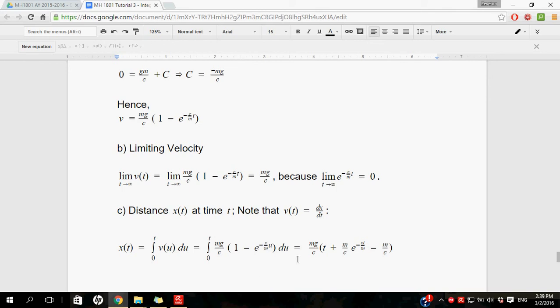If we do that correctly, we should get this expression: mg over c times t plus m over c times our exponential function minus m over c, which is a real number, and that will be the distance our object has traveled from time t equals 0 to the specified time t that we want. So this solves question 7.